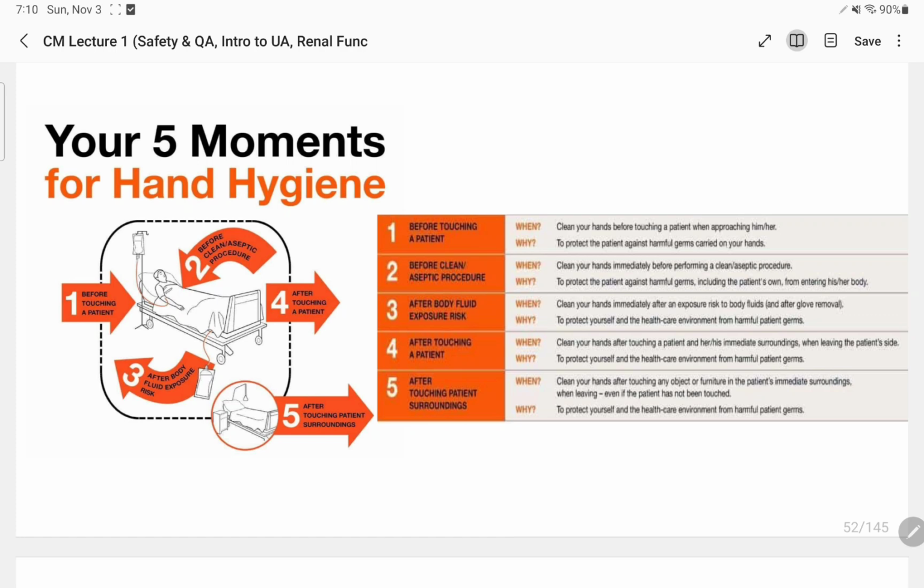Before you touch, you do hand hygiene. Okay? And then before cleaning or an aseptic procedure. And then third is after you are exposed to any body fluid. Okay? And then 4th is after you touch the patient, and then 5th is after you touch any patient surroundings. So these are your 5 moments of hand hygiene.